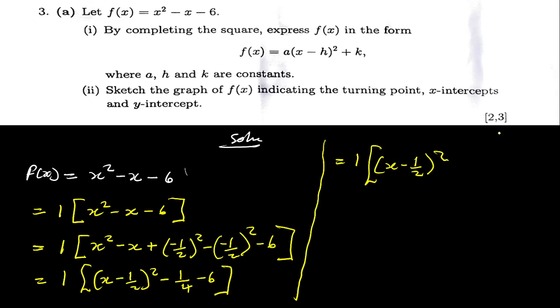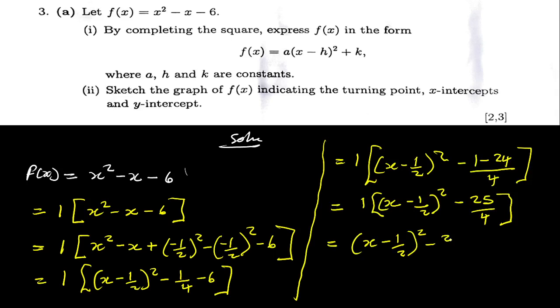When you work that out, this will simply be 1 outside there, so x minus half, close bracket, squared, minus 25/4. So 1 times everything is x minus 1/2 squared minus 25/4. So this was the complete the square method.